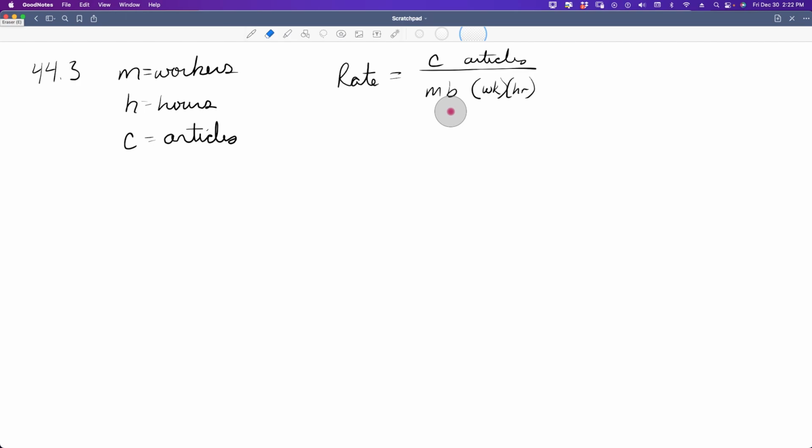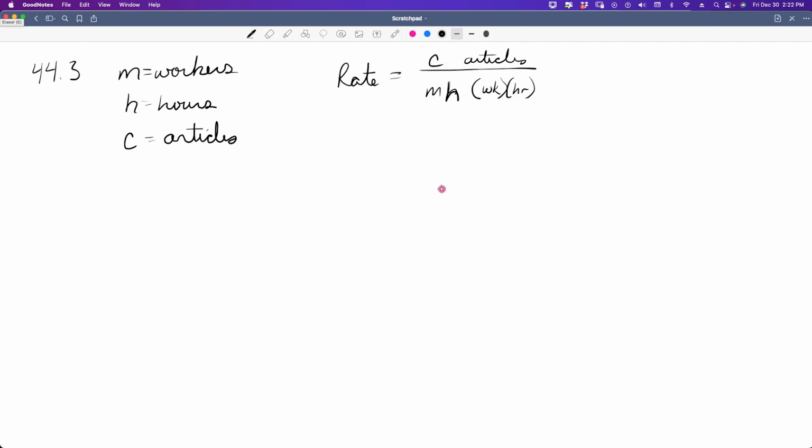That should be an H. So the more workers you have in a given time, that is proportional to the number of articles that can be produced. That is the rate. The number of articles produced is directly affected by the workers and hours. I think I've beat that horse to death.